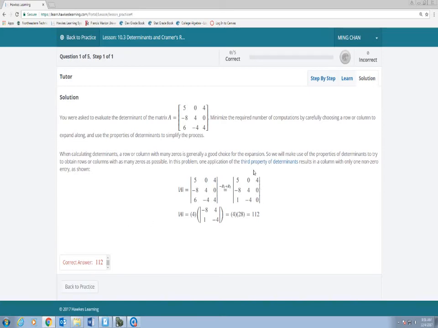So basically, the determinant uses this number 4. What they do is cover up row 1 and column 3. Don't use those numbers. That will leave me with a 2x2 matrix right here. They use this number 4 right here and multiply the 2x2 matrix right here. That's how they find the determinant of a 3x3.